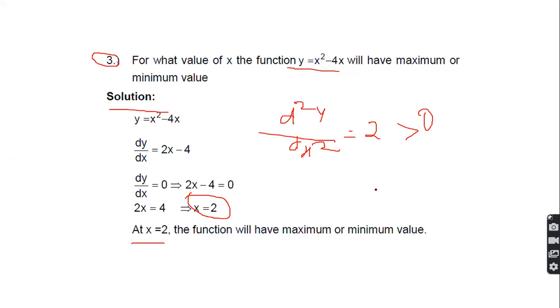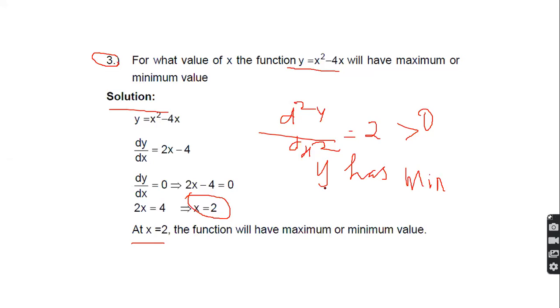Therefore, when d square y by dx square is greater than 0, then y has minimum value. And then one more thing, what is the minimum value here?